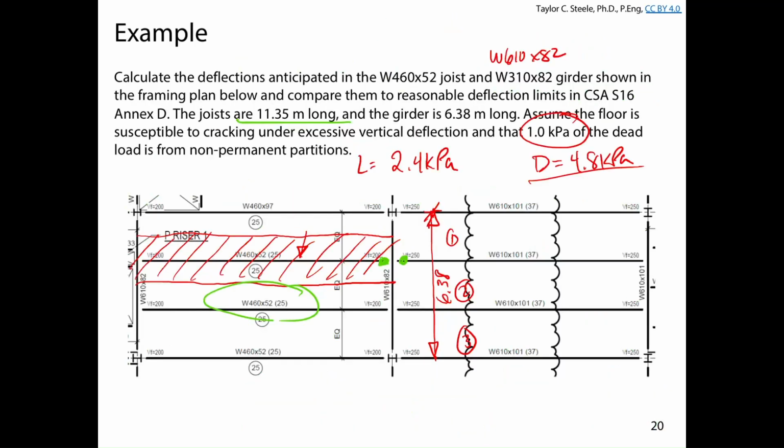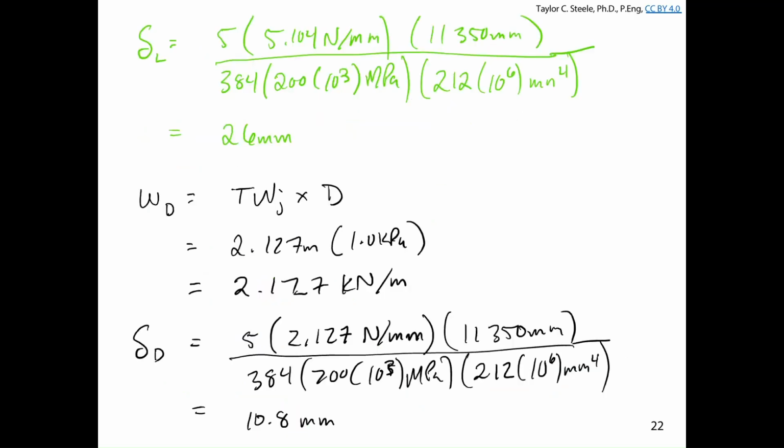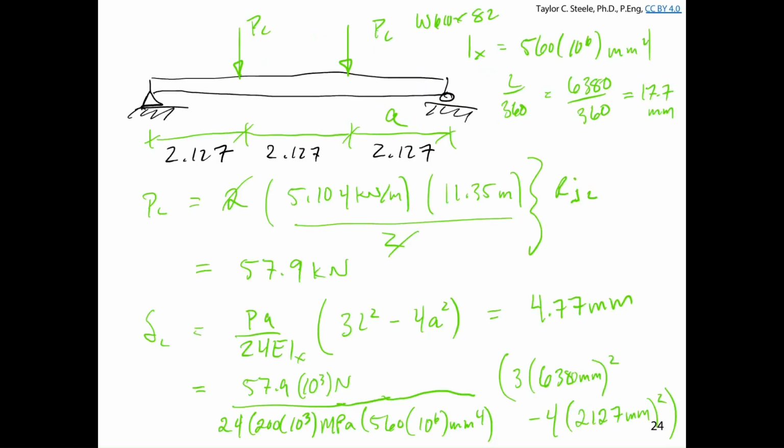Okay, so just to recap very briefly, we have a joist and we have a girder. We just want to know what the deflections are on those elements from the loading present, and we want to compare them to the acceptable upper limits. We got some distributed live loads, some distributed dead loads, and calculated the dead and live load deflections. We factored them together to get a value that exceeded the limits, but we talked about some ways that the limit may be met based on the design of the joist, whether the partitions would be permanent and whether the floors would actually be susceptible to cracking or not.